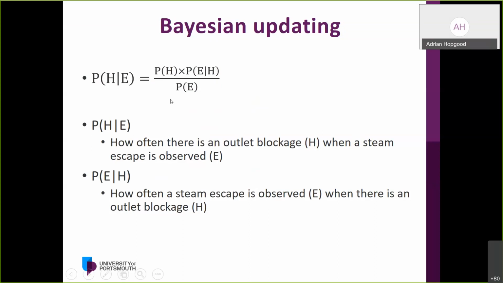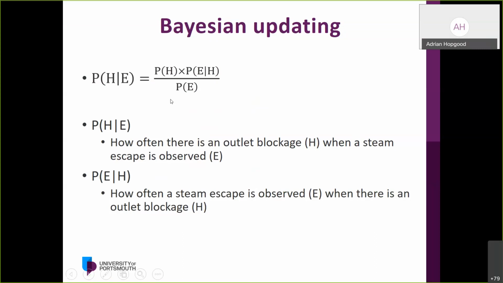And what it's actually doing is turning a probability of a hypothesis given evidence into a probability of evidence given a hypothesis. To give a more concrete example, a probability of a hypothesis given a piece of evidence might be how often there is an outlet blockage, that's your hypothesis, when a steam escape is observed, that's your evidence.